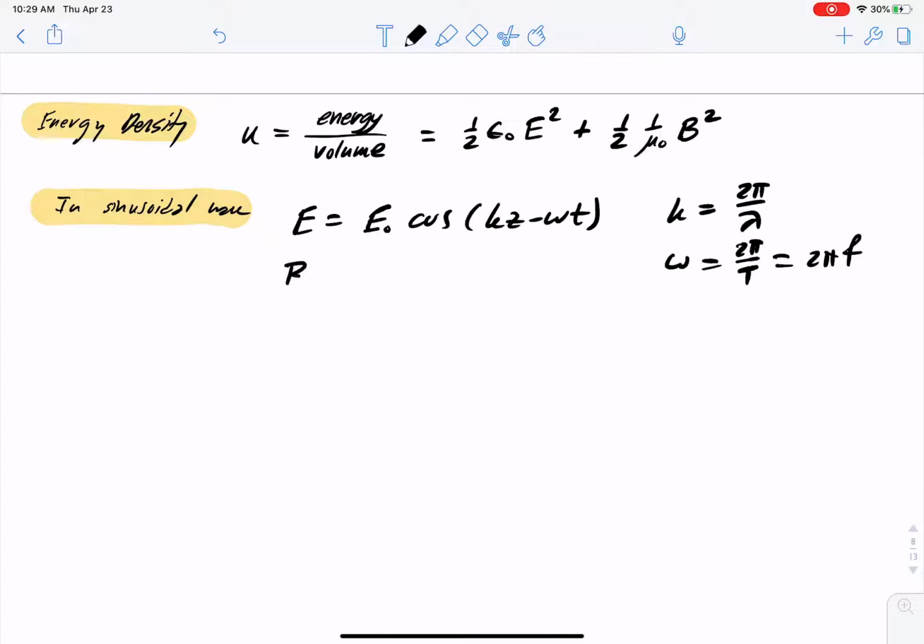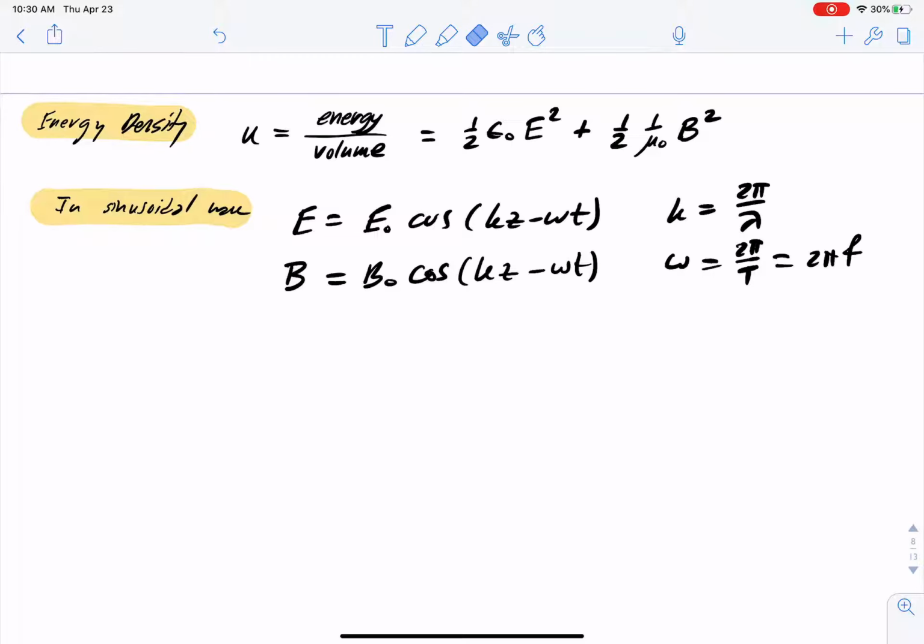And similarly, the magnetic field. Now we know that these are perpendicular to each other. This is one of the mathematical solutions to the coupled equations. So this is a wave moving in the z direction. The electric field would be in the x direction, and the magnetic field would be in the y direction. But we're just going to talk about the magnitudes.